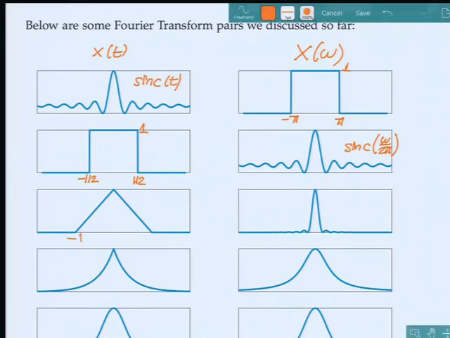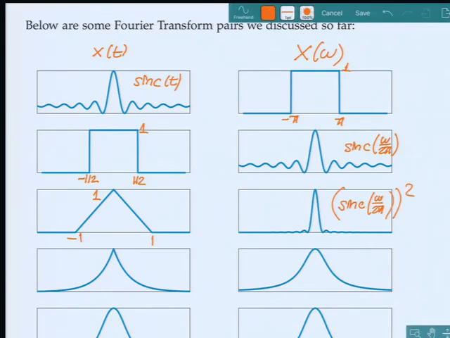It's going to start at negative 1. That was an example, so I'm just reminding you. The triangle can be written as a convolution of the two pulses. Therefore, the Fourier transform just gets squared, right? That's the convolution property. So sinc of omega over 2 pi, squared, all right?